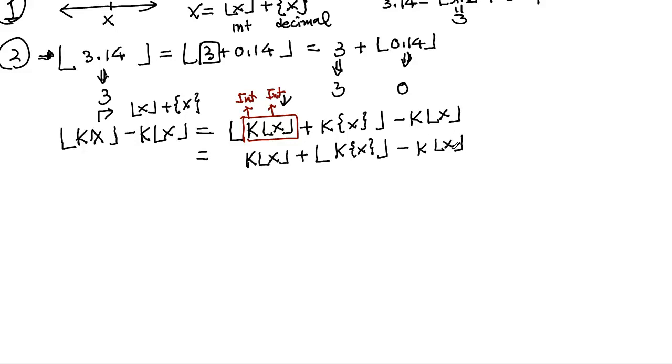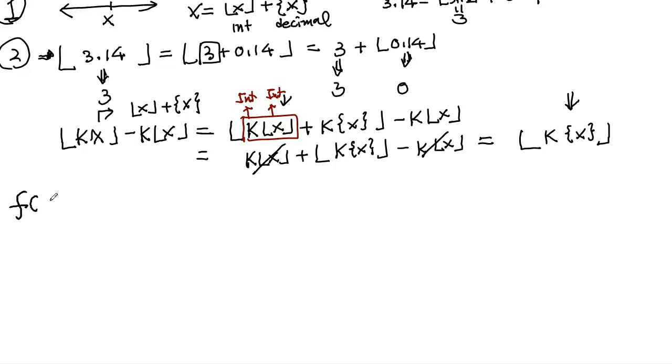The first and third terms cancel out. Finally, we get the greatest integer of k times the decimal portion. This is very familiar, right? Now put this in the equation.